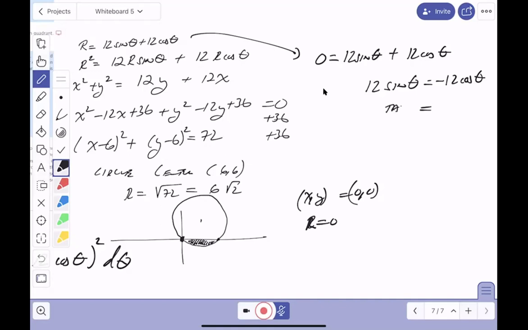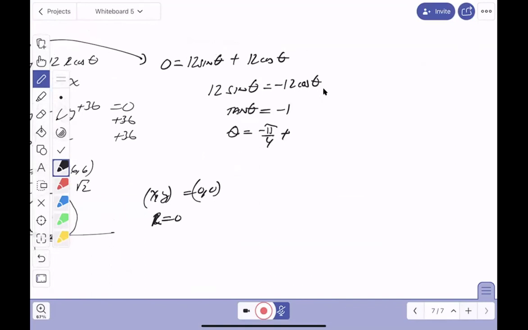It's the tangent of theta. And I'll divide both sides by 12. Tangent theta is minus 1. And this occurs at minus pi over 4. But it's a tangent function, so it keeps repeating itself with a cyclic length of pi, so plus pi k. The question is, I'm looking for an angle between 0 and 360 degrees, or 0 and 2 pi. And I'm going to say that the first one I'd hit would be 3 pi over 4.